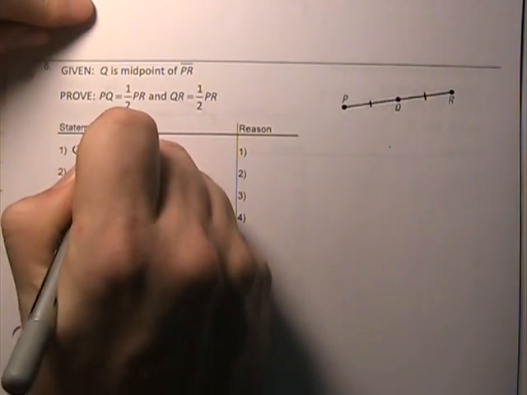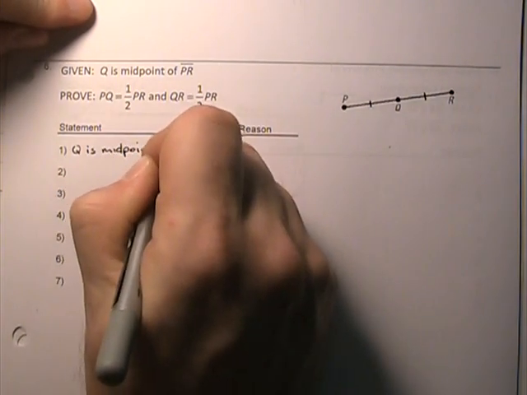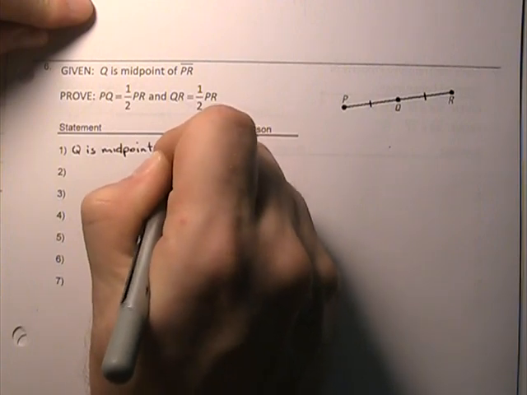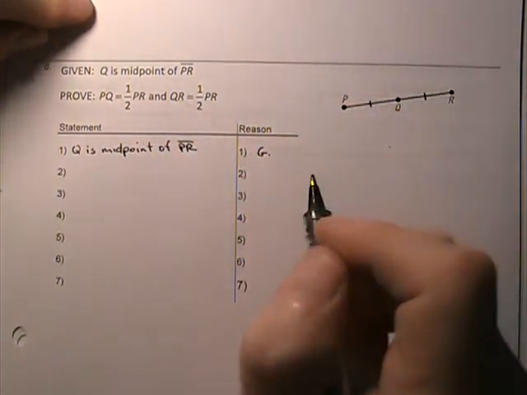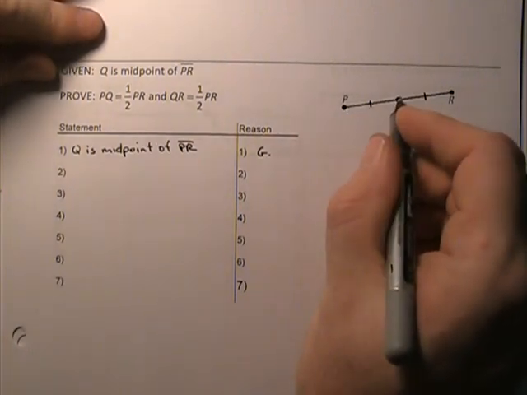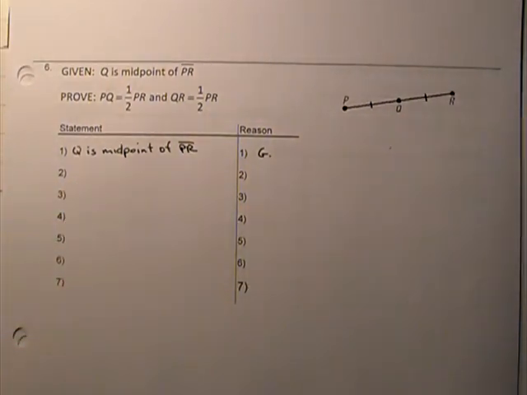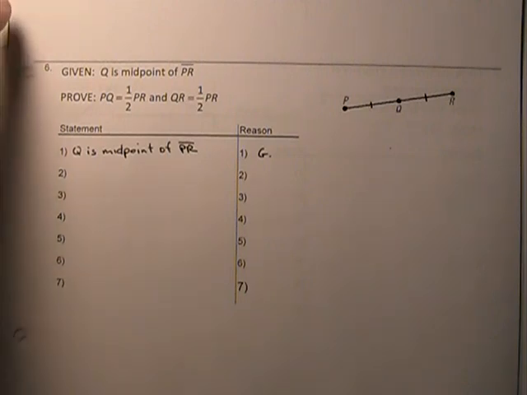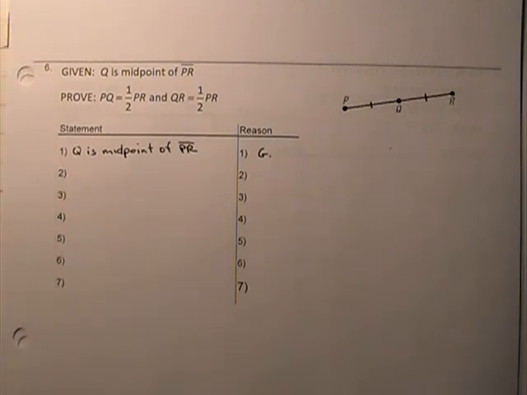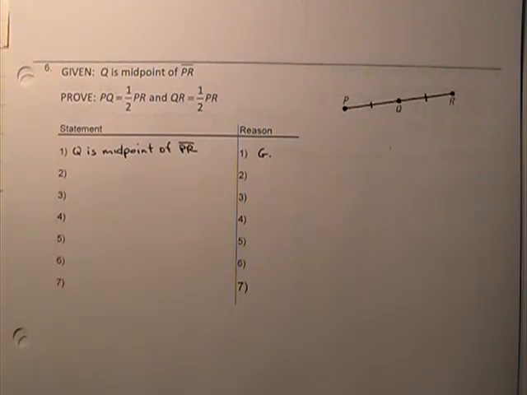Q is the midpoint of segment PR, and that's given. And since it's a midpoint, let me look up the definition. Do midpoints bisect? I don't remember. So I'm looking up the definition here. Midpoint, the point that divides or bisects a segment into two congruent segments.